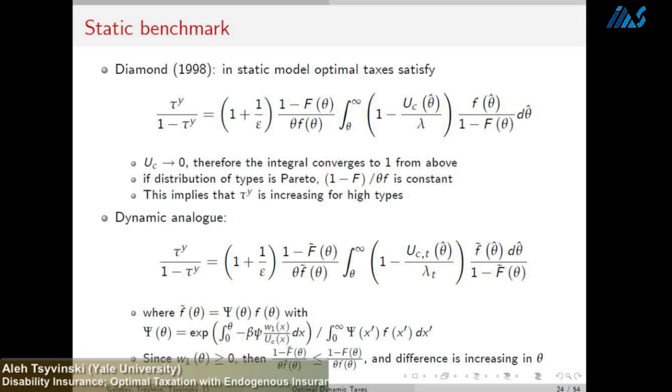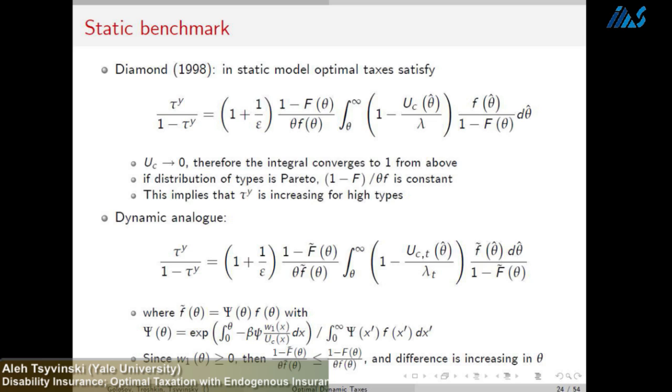So let's just think about this. The more elastic the labor is, the more costly is any given distortion. So the more elastic the labor is, there is a force that drives the labor or the income tax down.